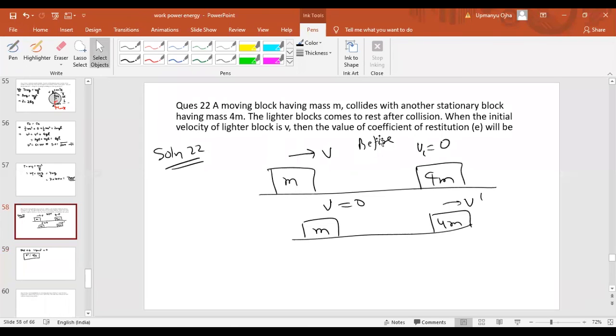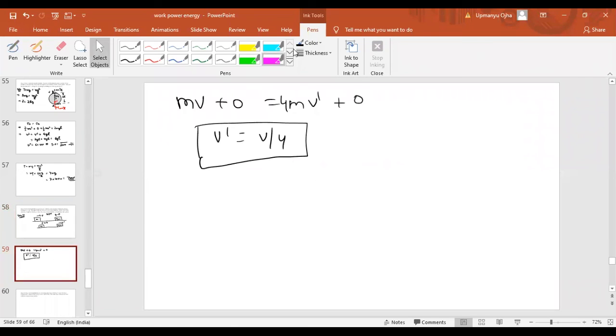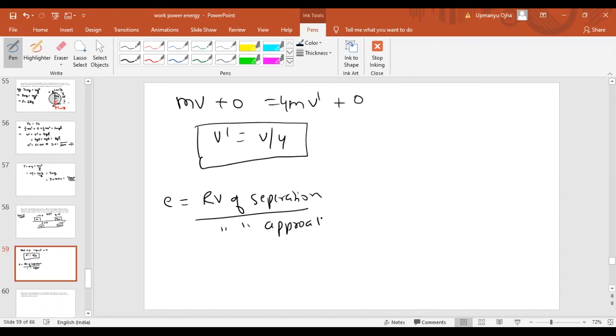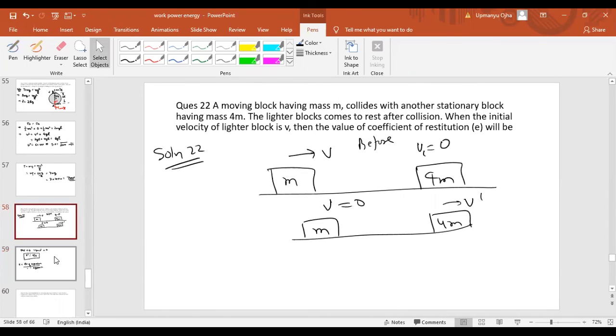Now we have to find the coefficient of restitution. Coefficient of restitution is the relative velocity of separation by the relative velocity of approach.